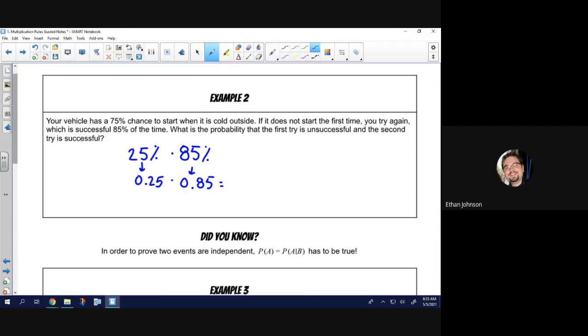Multiplying, we get 0.2125, or 21.25% chance that this would happen.